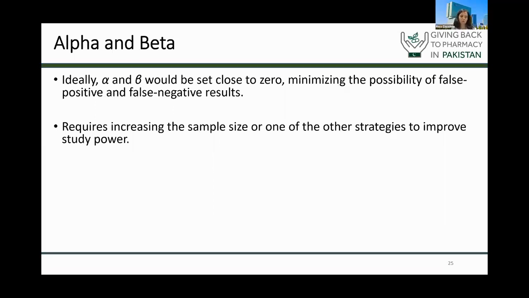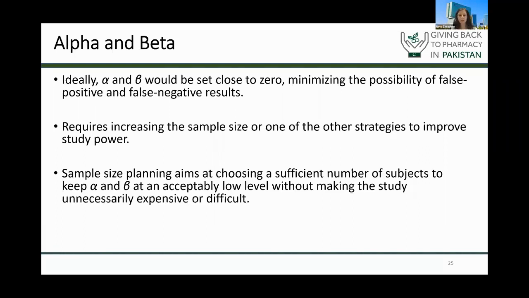So ideally, to minimize the chance of these errors as much as possible, you want to increase the power of your study. Your first method is to increase your sample size, but that always comes with a cost, so you don't want to exhaust your budget as well. So you want to be very careful with your techniques.